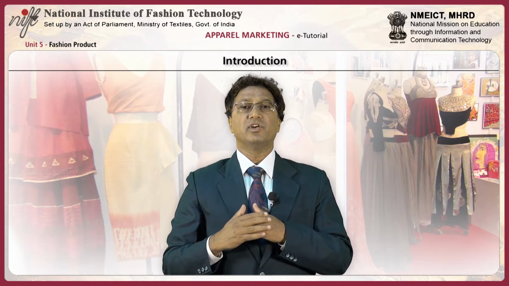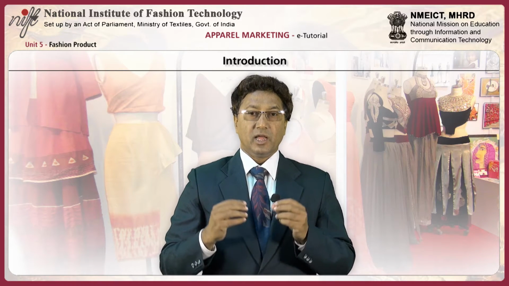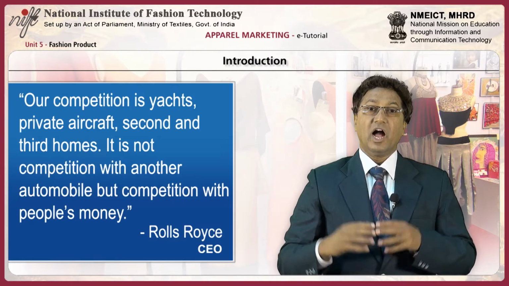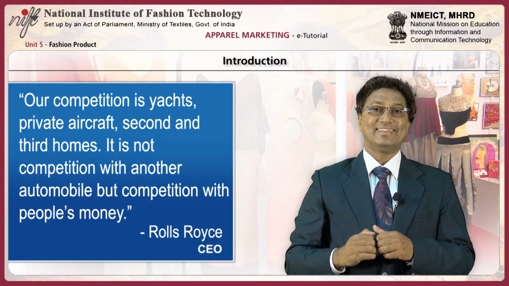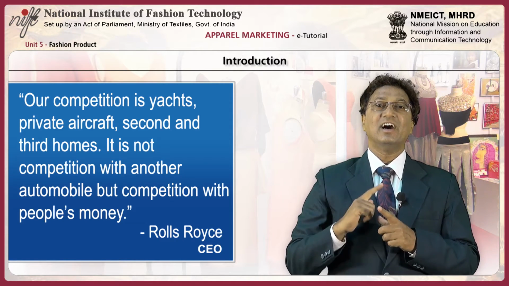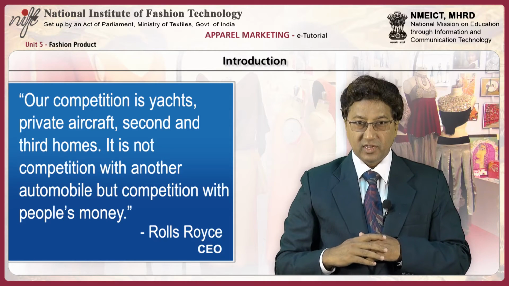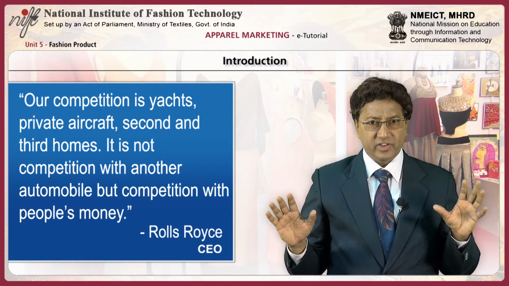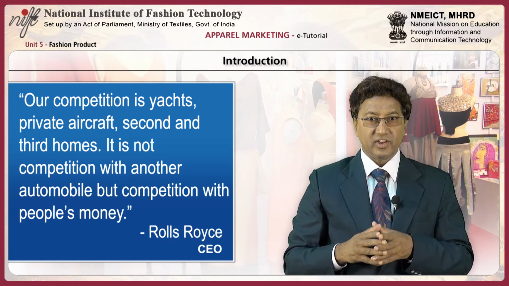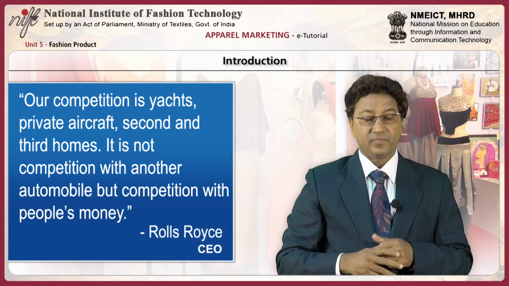The mystique of the Rolls-Royce was explained by the company's chief executive. Our competition is gadgets, private aircraft, second and third homes. It is not competition with another automobile, but competition with people's money.